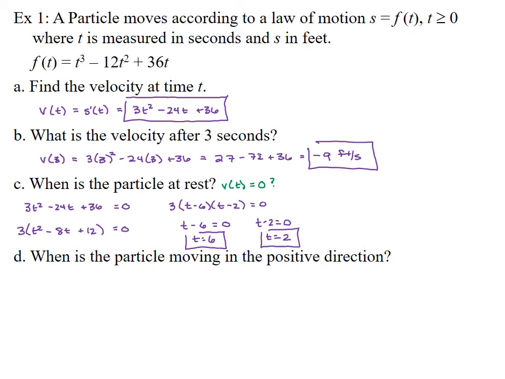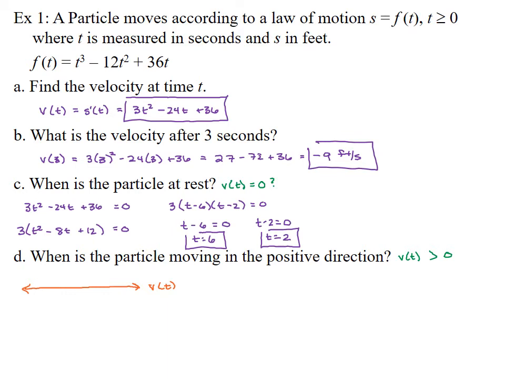My next question is, when is the particle moving in the positive direction? In that case, you are asking yourself, where is v of t greater than 0? The way that I teach this may be a little bit different than what somebody you know has shown you before. I do it with a number line, and I'm going to do a lot of number lines in this section, so just be ready. I'm going to take v of t and draw it on my number line.